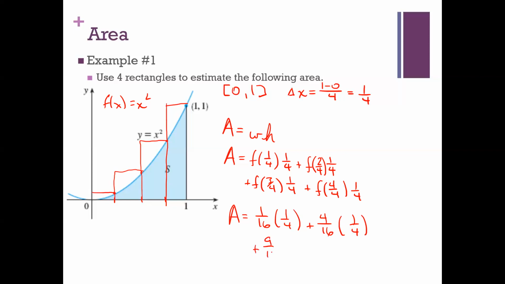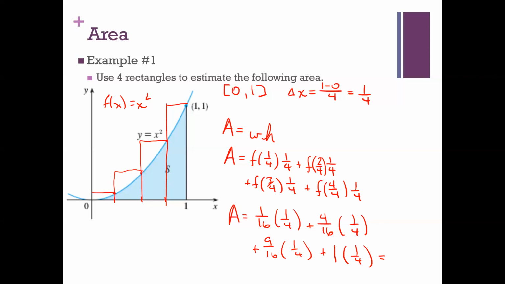So plus 9/16 times 1/4, plus, I'll just keep that one, 1/4. Are we assuming each rectangle doubles in height? No, it doesn't, does it? Let's be clear, where are we getting the heights of the rectangles? From the function, right?